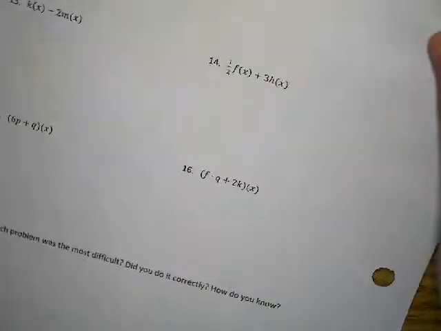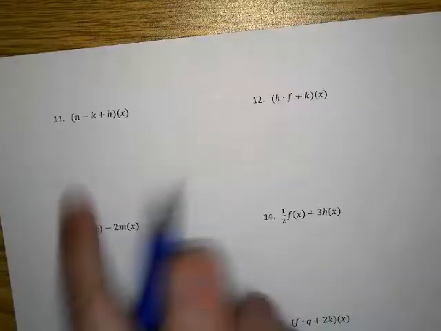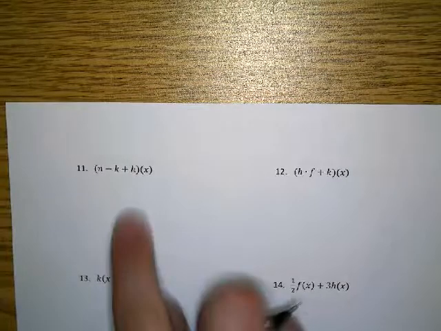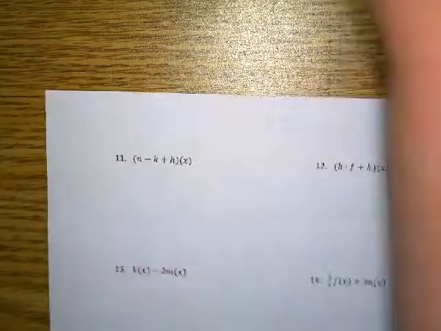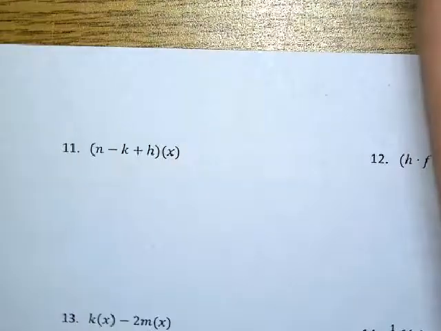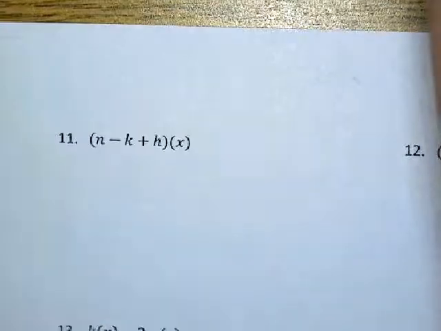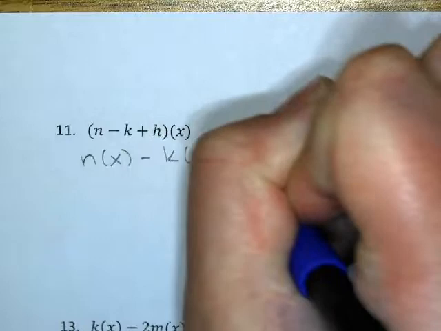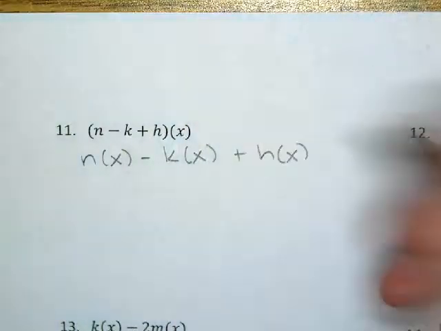Okay, what if we do number 11? Number 11 is written in shorthand. So how should we fix it? So n of x is x to the third plus 2.